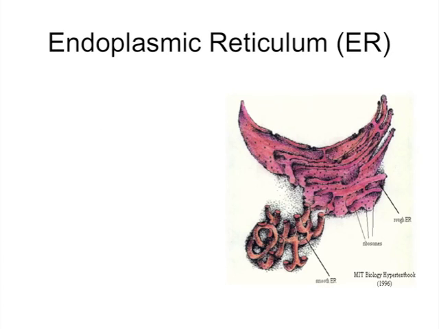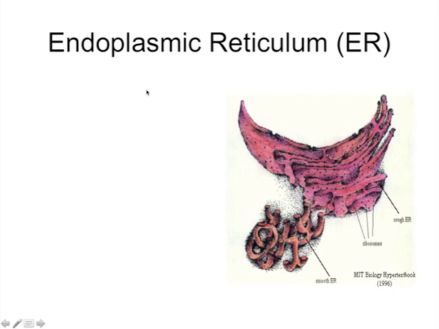So moving on, next up is the endoplasmic reticulum. And so in our picture over here of the endoplasmic reticulum, you see it's got this shape here. And you'll also notice that this is just a section of the endoplasmic reticulum. It would go all the way around here.